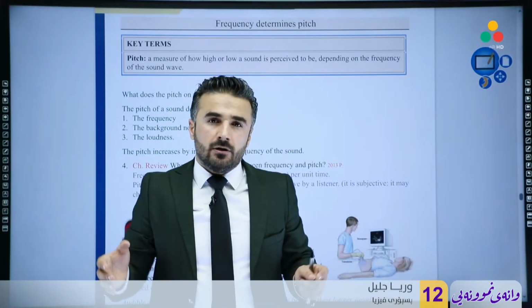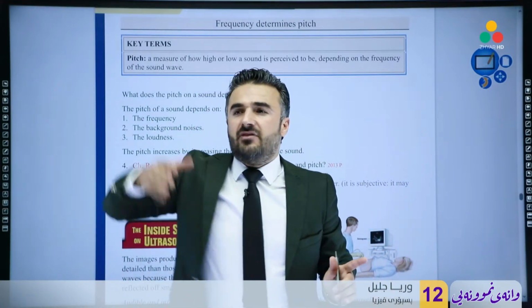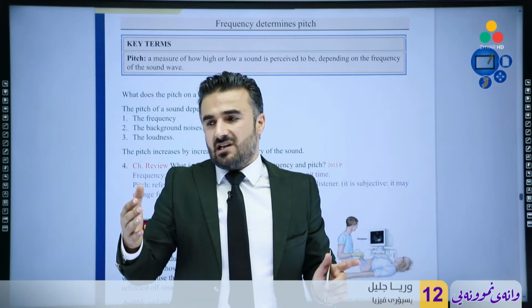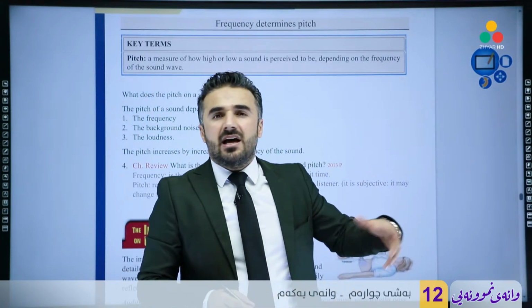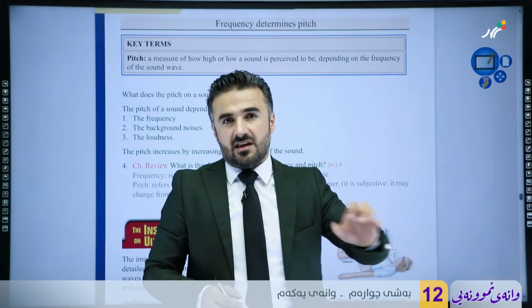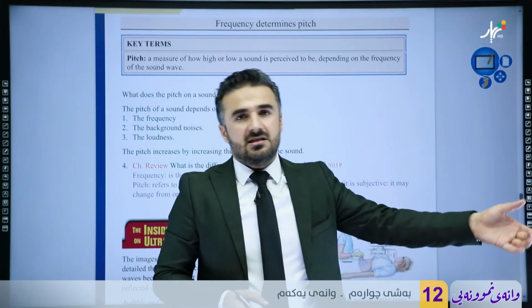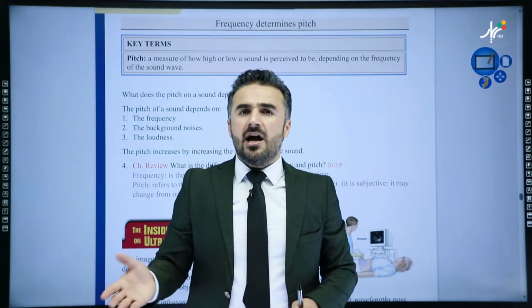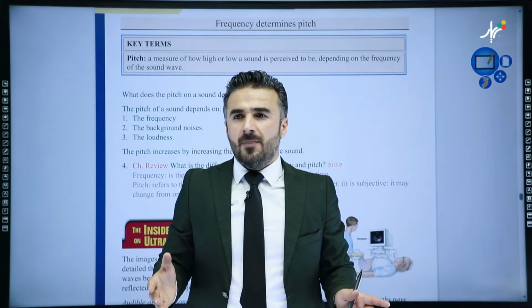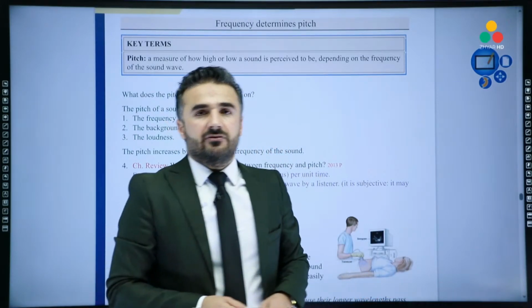If you observe a sound that has a very high frequency, of course we say that sound has a high pitch. What if it is a sound that has a low frequency? Then we say this sound has a low pitch. So whether pitch is high or low depends on its frequency.